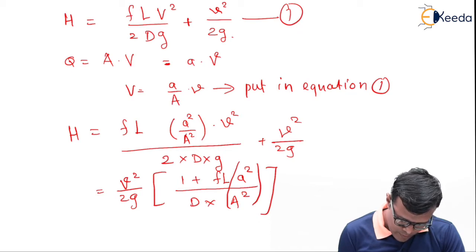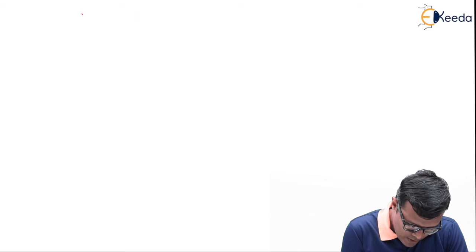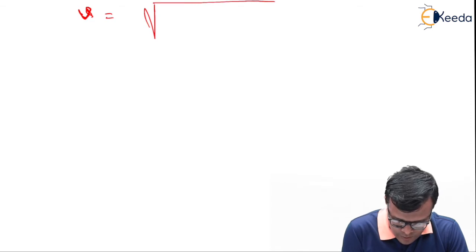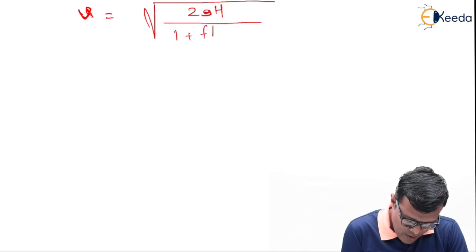So putting all the terms on the opposite side, we will have the value of small v as under root of 2gh upon 1 plus FL upon D into small a square upon capital A square.